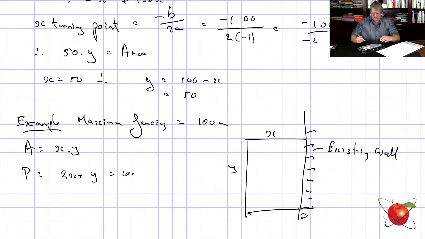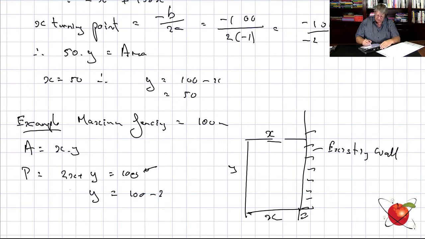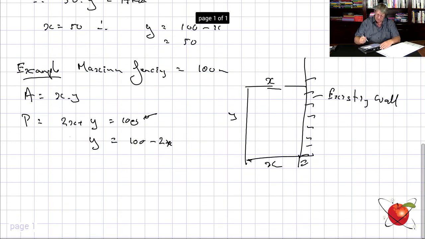And look, what do we say? Let's just take it. X is there. X is there and x is there. So we take 2x plus y is equal to 100. That's the amount of fencing I've got. What's the next step I do? Next step is I say, therefore, y is equal to 100 minus 2x, and substitute it in.